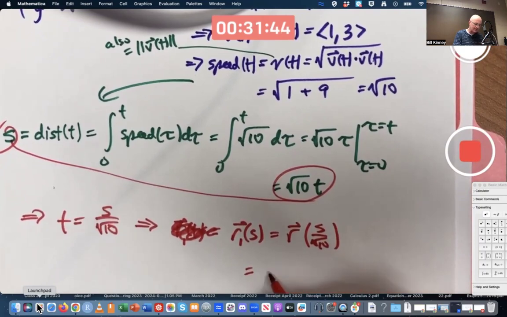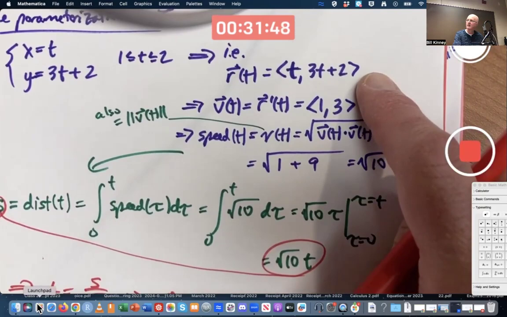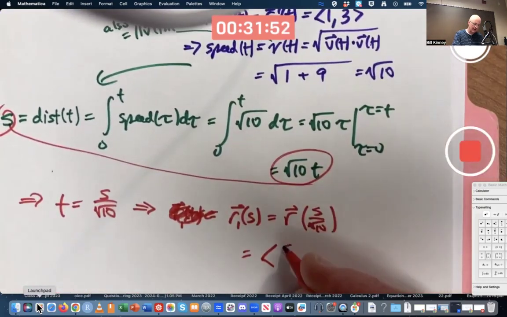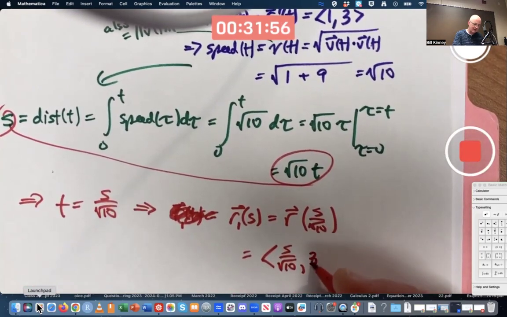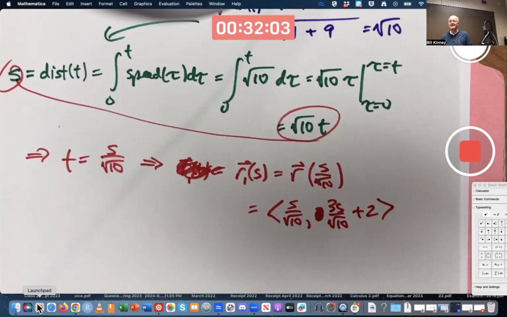If we do that, using the formula for R of t, replacing those t's with s over square root of 10, we get s over square root of 10, comma 3s over square root of 10 plus 2. That is a parameterization by arc length, which intuitively means as you plug in different values of s, you're moving along the curve at unit speed.